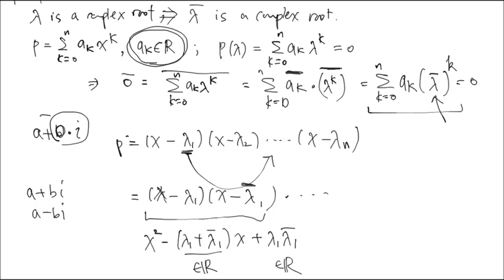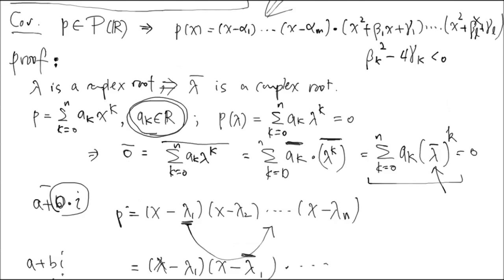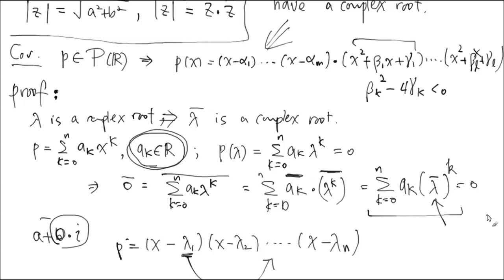Therefore, as you pair up the linear factors with their complex conjugates, that polynomial becomes a real polynomial. And that shows that every real coefficient polynomial must factor like this, although computing those coefficients is impractical. Precisely. Computing is impractical. So we're going on too long.